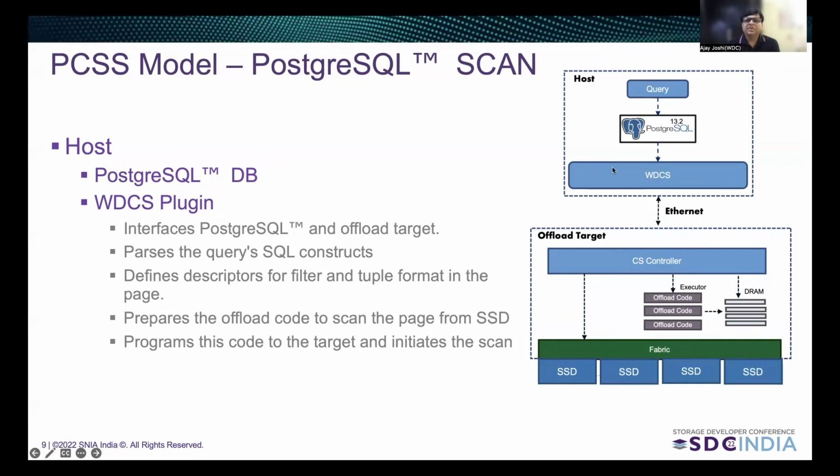Based on this, it prepares a list of descriptors, which it passes on to the offload target for the scan mechanism. Next, it also prepares the offload code, the actual code that has to be offloaded onto the executor so that it can scan the data and give the filtered result. It also programs this code to the target and initiates the scan.